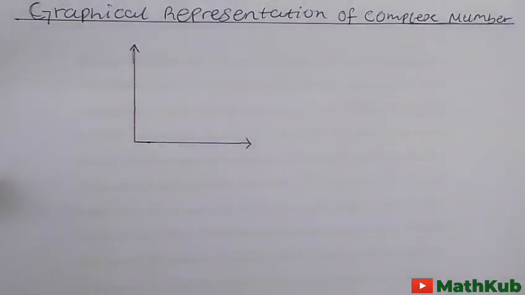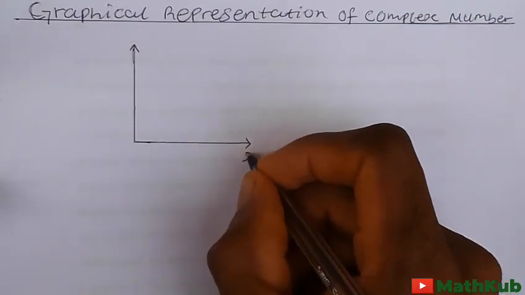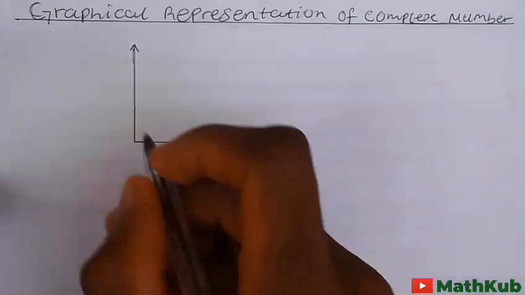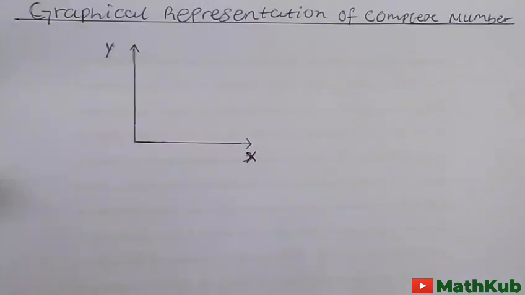In a normal Cartesian plane, we have the x and the y axis, but in the complex plane we have the x, y and the z axis.